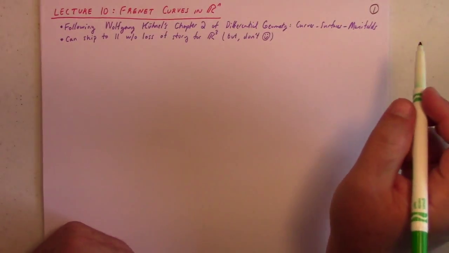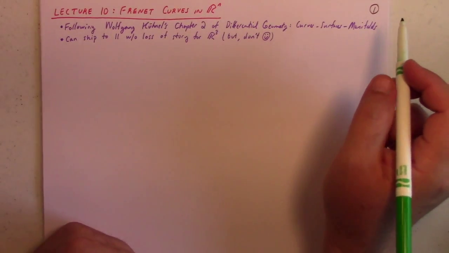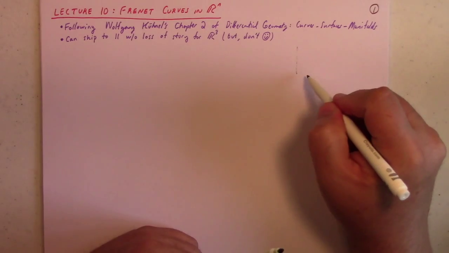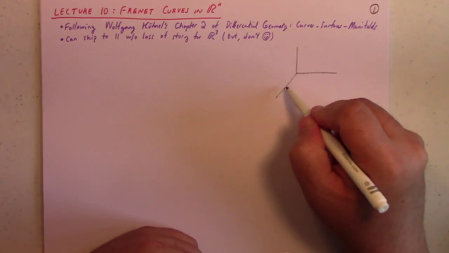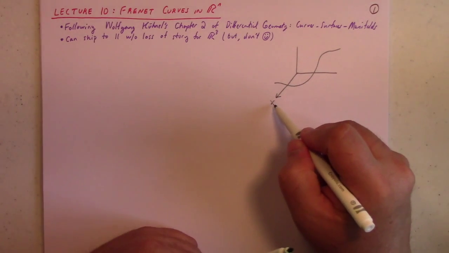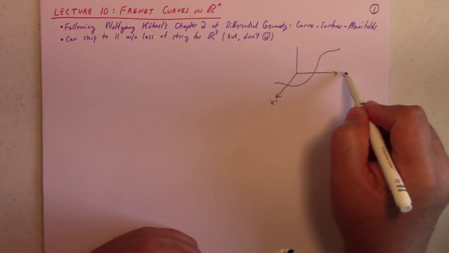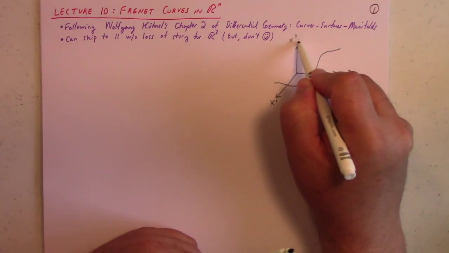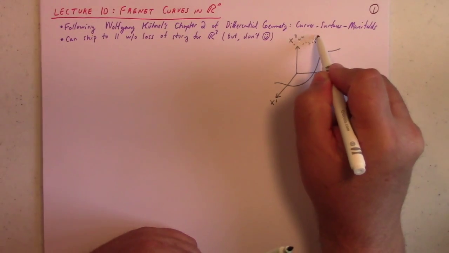Let's see here. So when we think about a curve in Rn, I guess you can picture it something like this. So here's your x1, here's your x2, and here's your x3, 4, xn.